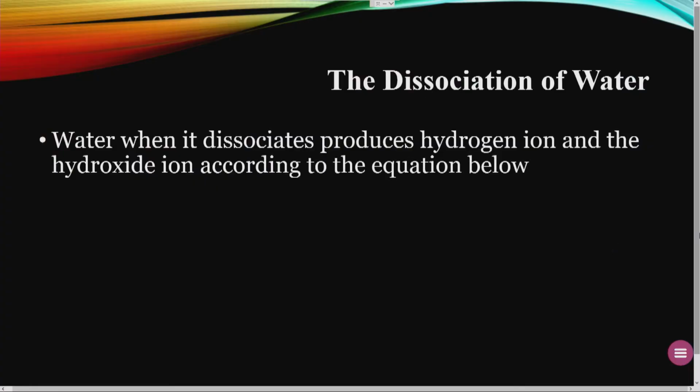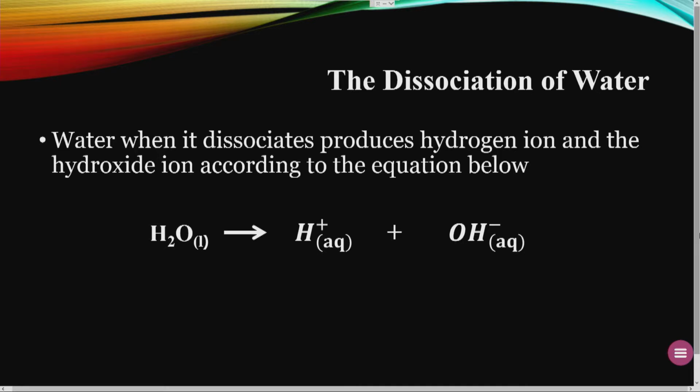Water, when it dissociates, produces hydrogen ion and the hydroxide ion according to the equation that we will be looking at below. There we have water being H2O, and when it dissociates, it goes to have H plus and OH minus.